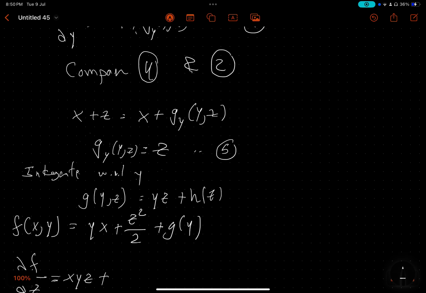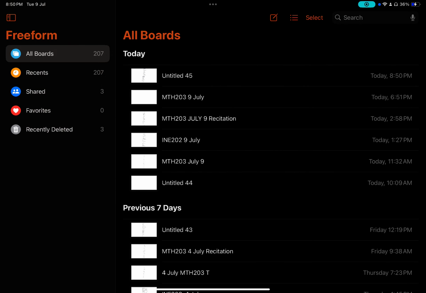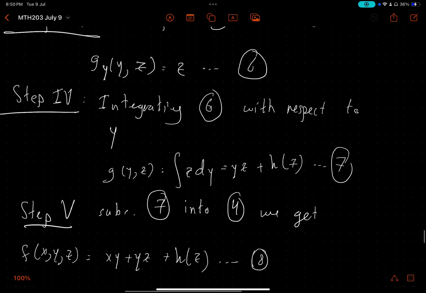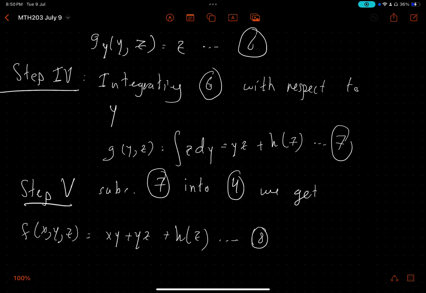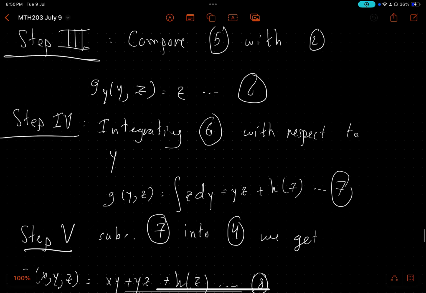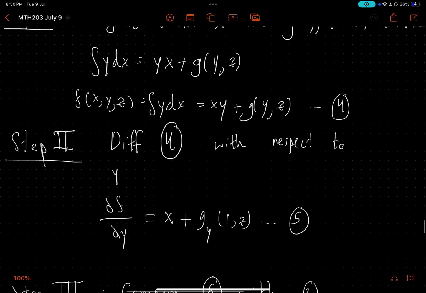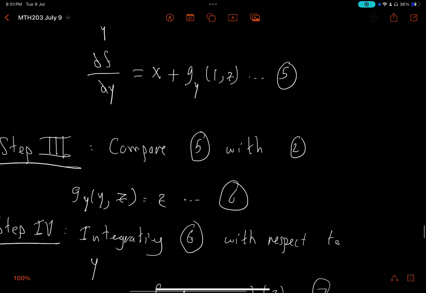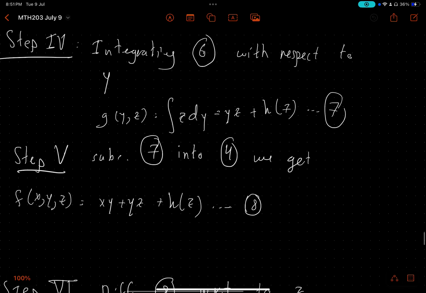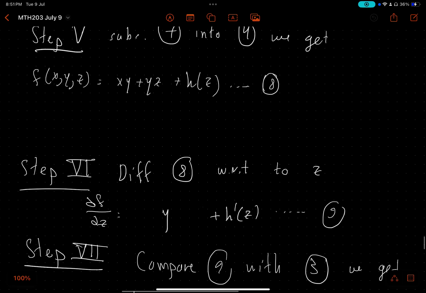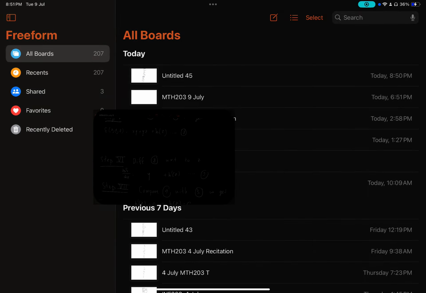Hope that's correct. Yes, h of z. So yz plus h of z. Okay, and then we substituted in our f. So that's basically what I did here.